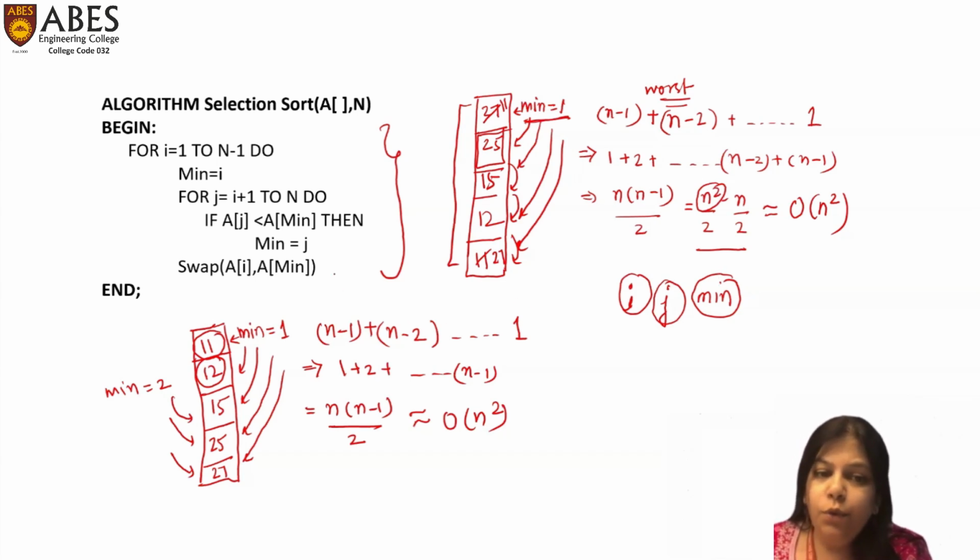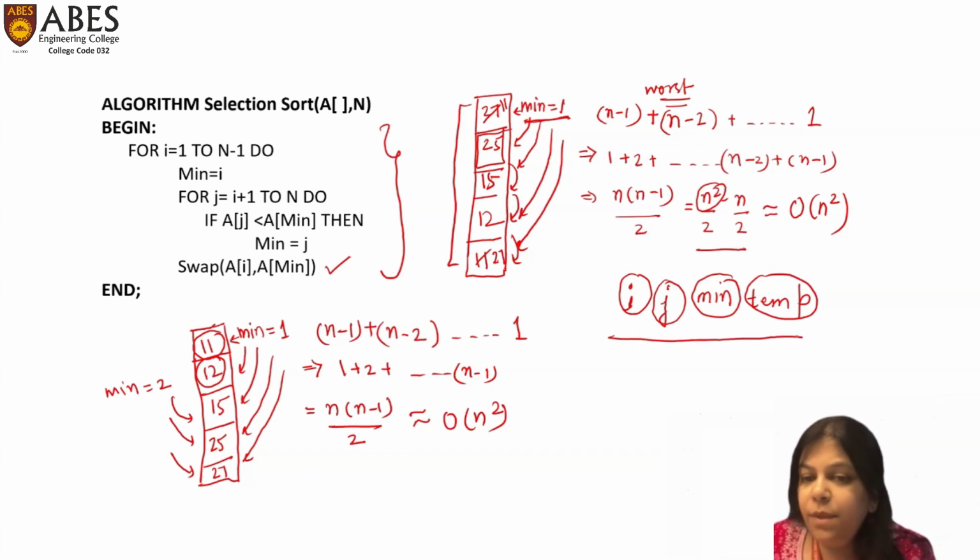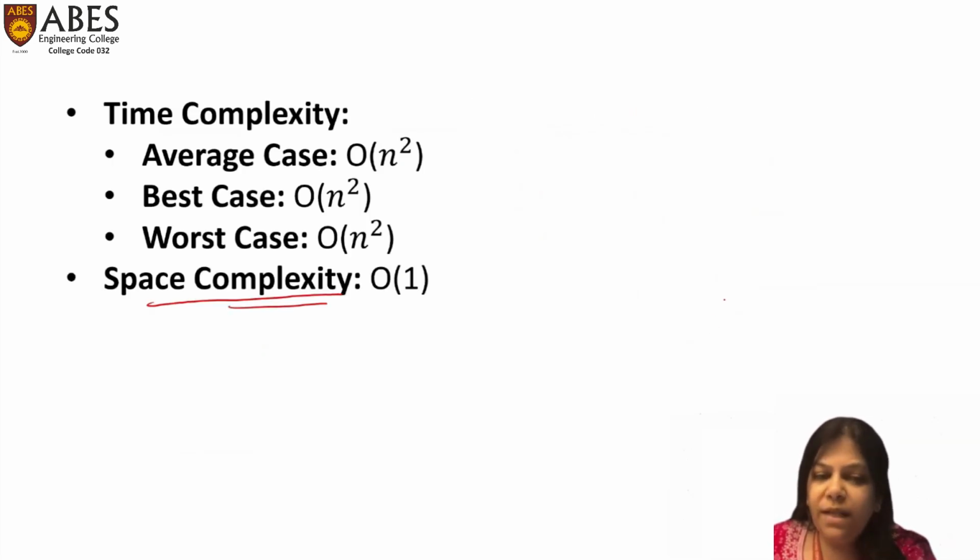And in order to swap A[i] and A[minimum], we have also taken a variable temp that I have discussed during the implementation. So these are the three variables that we have taken to implement the selection sort, but none of them is dependent upon the length of the array n. And so the space complexity of this algorithm will become O(1), which is constant.